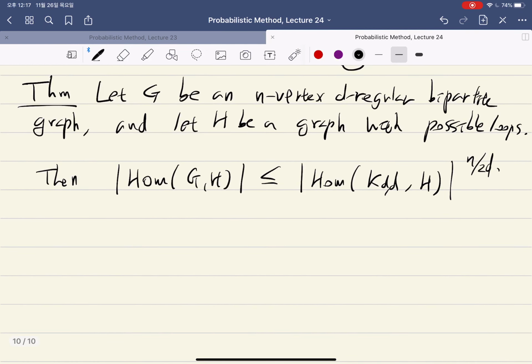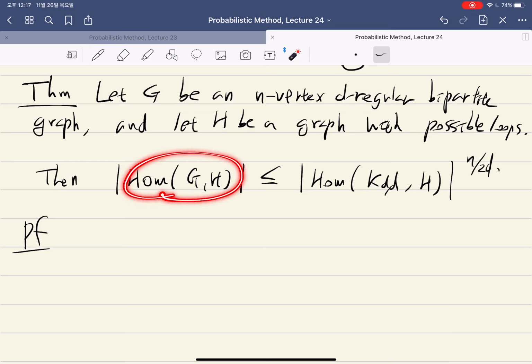And so it suffices to just prove this. So how do you want to prove this? We want to use entropy. And for entropy to prove something about a combinatorial object, you choose something in the set uniformly at random.